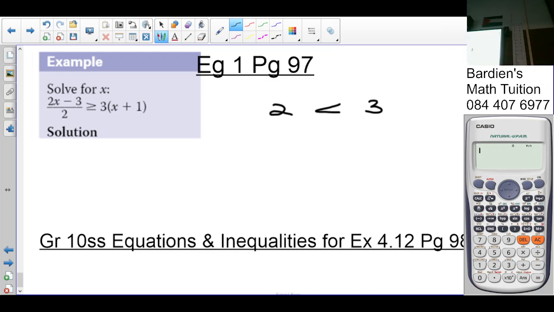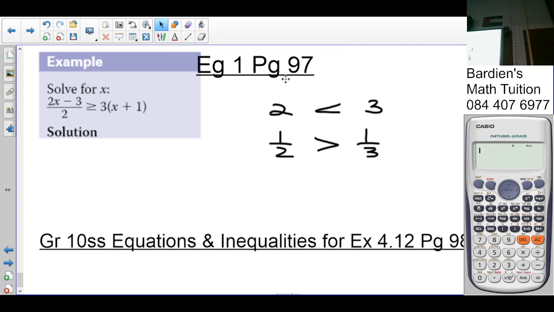What is the reciprocal of 2? Half, which is 1 over 2. Reciprocal of 3? 1 over 3. Which one is larger? The half is of course larger. So when does the inequality swap around? When you take a reciprocal, or multiplying or dividing by a negative number. Okay. Just remember that.